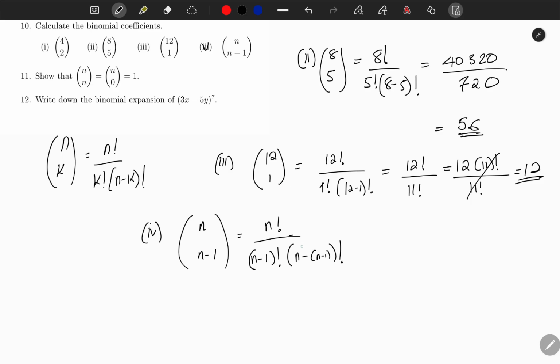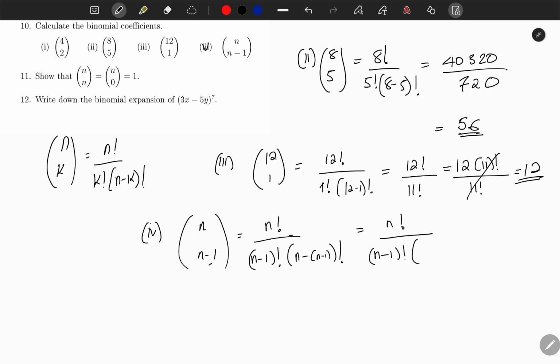Then we subtract, here's n, then minus this part here. That's what we write. So what do we get now? We'll just end up having n factorial over n minus 1 factorial, if I'm not mistaken.